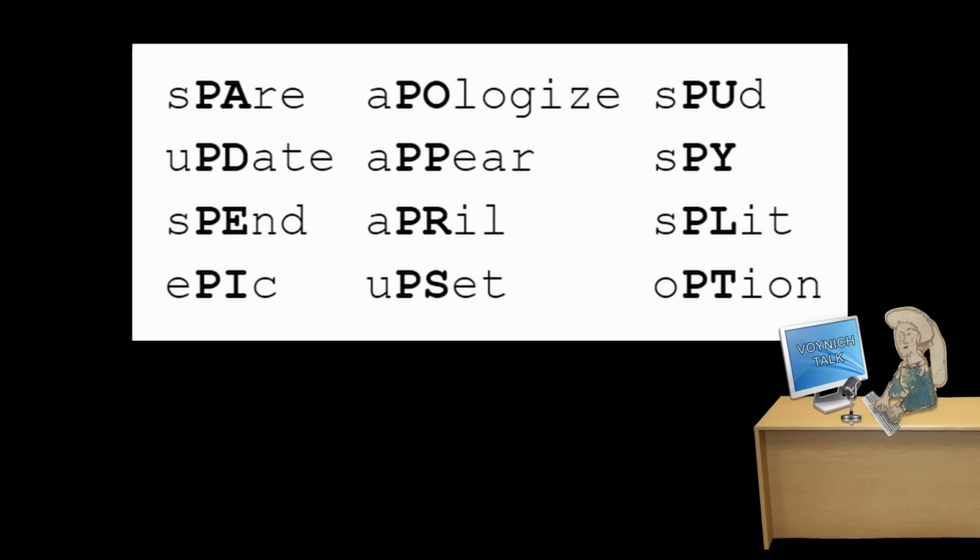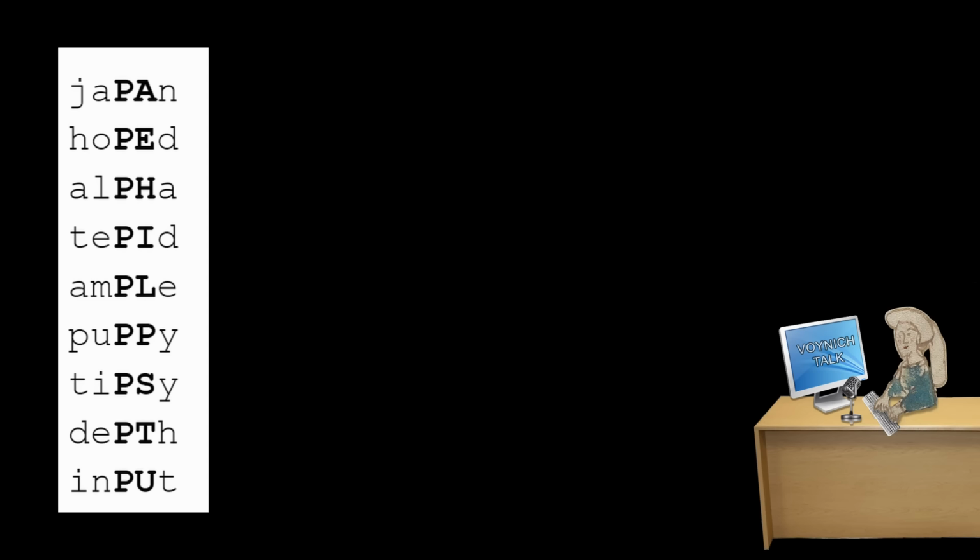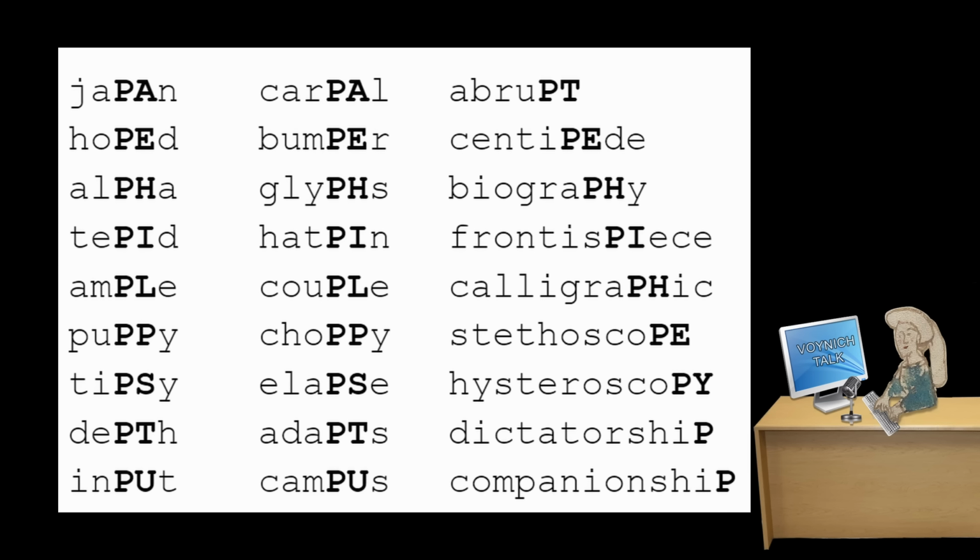If P is the second letter in a word, then the letter following it is completely unpredictable. We could move P to the third place, fourth place, any place, and it would still be able to be followed and preceded by a whole range of letters, producing perfectly valid words. Voynich does not work like this.